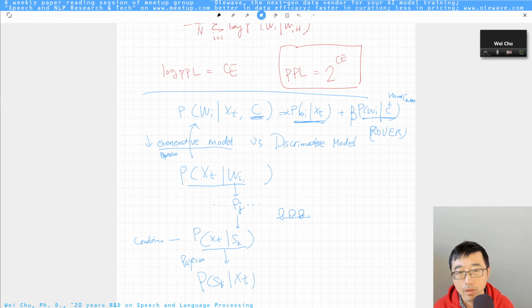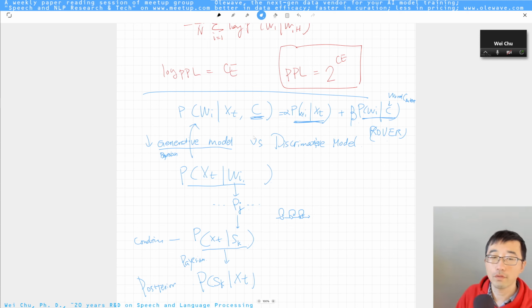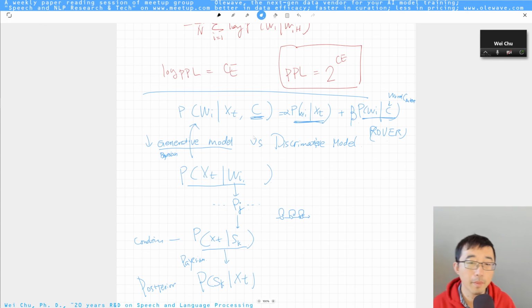You got this one. Then you got this posterior probability. As we know, if you try to estimate the posterior probability, then you can train a neural network out of it. So you can train another transformer model again to estimate this.